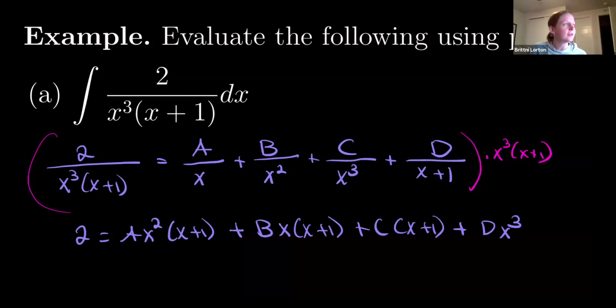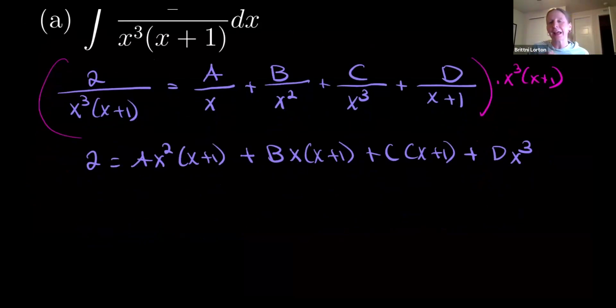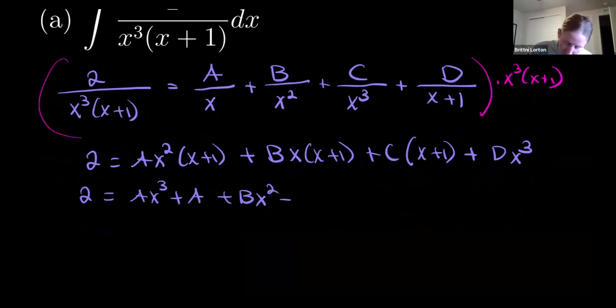All right, and then this one is definitely a little bit harder to do the let x equals method. So this is the example that I wanted to do, where I'm going to show you to distribute and compare coefficients. So 2 is ax cubed plus a plus bx squared plus bx plus cx plus c plus dx cubed.